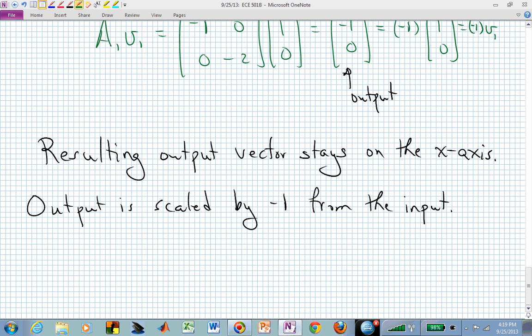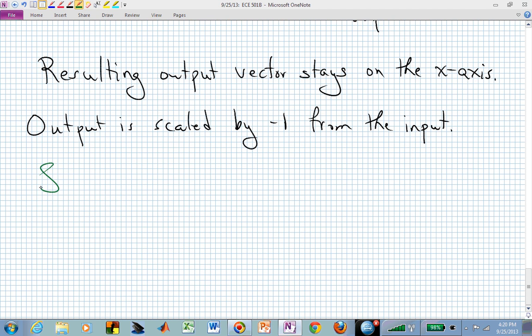What about if we tried a different vector? Suppose we picked a second vector. The x-axis worked so well, let's try the y-axis and see what happens.